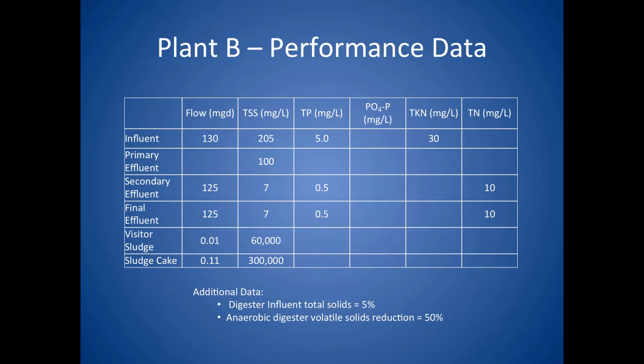Here's a summary of the influent, effluent, and sludge data that we have for Plant B. Since nutrient data is not available for the side stream flows, TERI will use default estimates for some of these values.